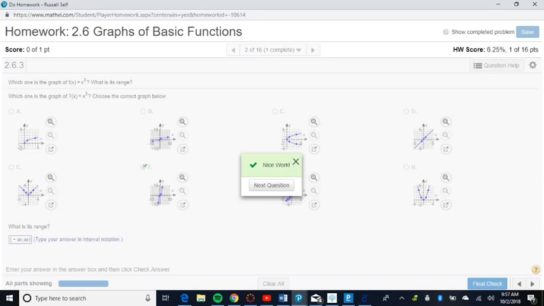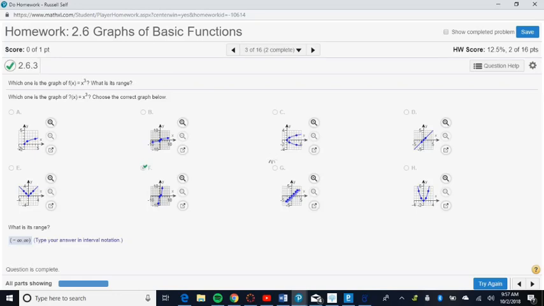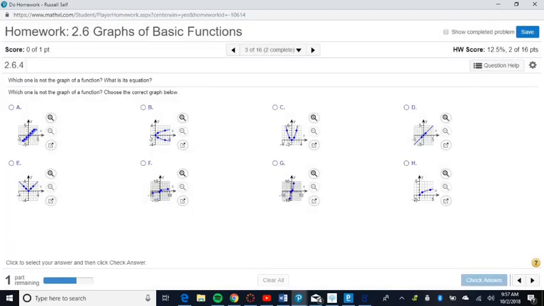Okay, let's see what's next. Again, you're just looking at functions and graphs. This one they ask you which one is not the graph of a function. And remember, we looked at that last time. We can use that vertical line test to see if something is a function. If you look here and start drawing vertical lines, we can't hit this more than once, or this one.